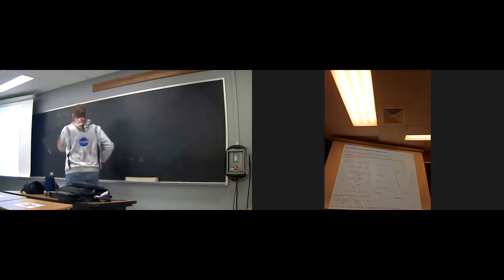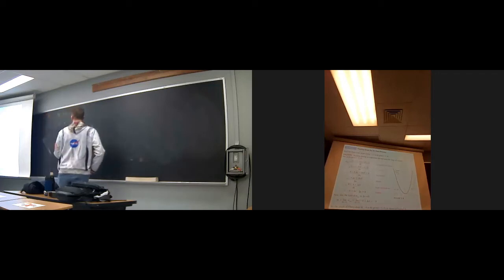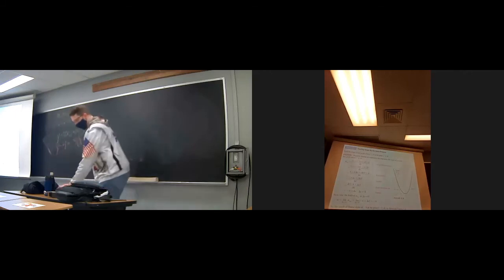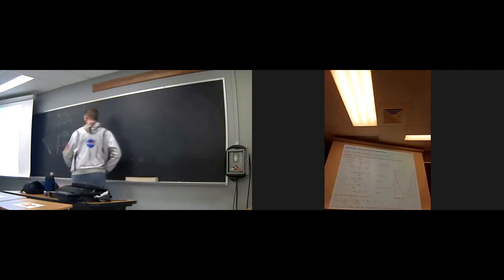So let's do that really quick. We know that f evaluated at negative 2 is going to be 4. We know our slope is negative 4. We know that our x is negative 2. So let's try to simplify some of this.